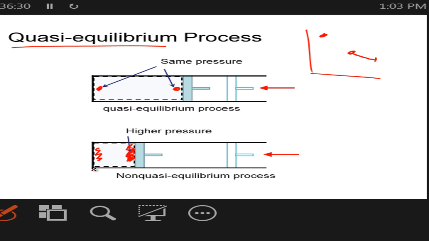That would not be a quasi-equilibrium compression, because if I stopped immediately, there would be this acoustic equalizing of the pressure. But this quasi-equilibrium process is really a good concept of you're infinitesimally close to the current equilibrium state. If you stopped right then, it would just stay right there.